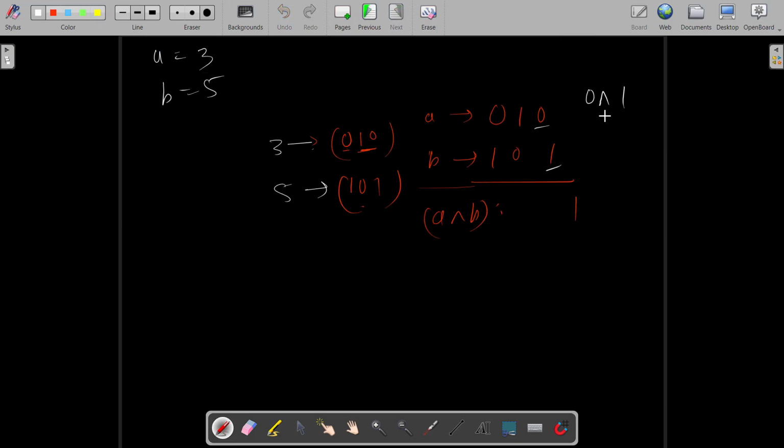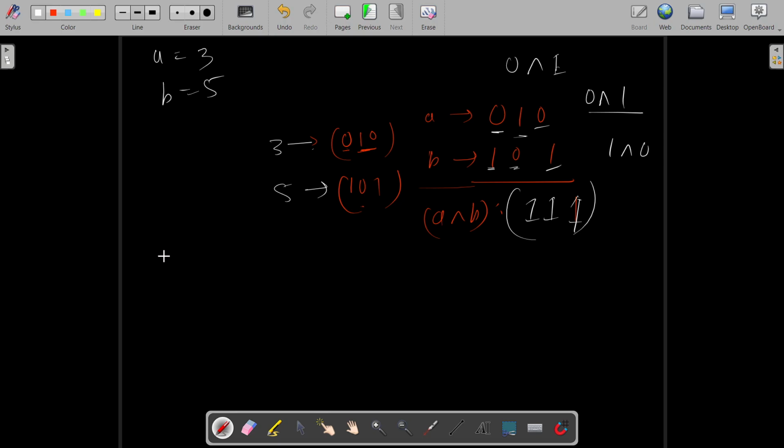So in the ones place, we get 1. In the tens place, 1 and 0 are there, so 1 XOR 0 again gives us 1. And in the third place, 0 XOR 1, again we have two dissimilar bits, so we get 1. So we get this binary representation.